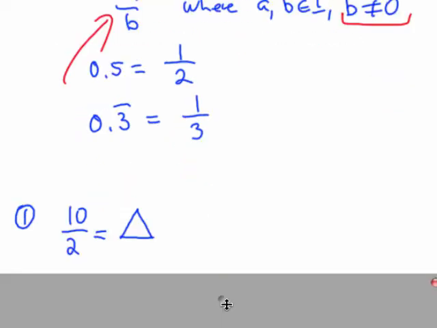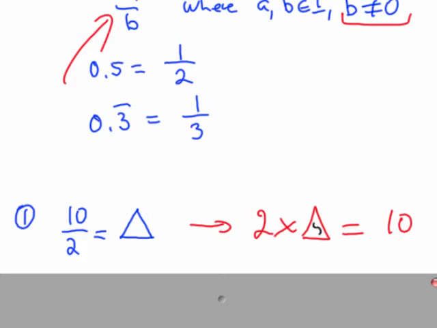And this all goes back to how we define division. When we say 10 divided by 2 is something, we know the answer to that because division comes from multiplication. We can think of our division statement as 2 times something has to equal 10.